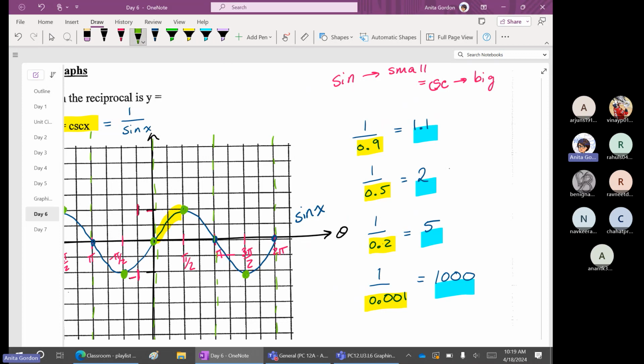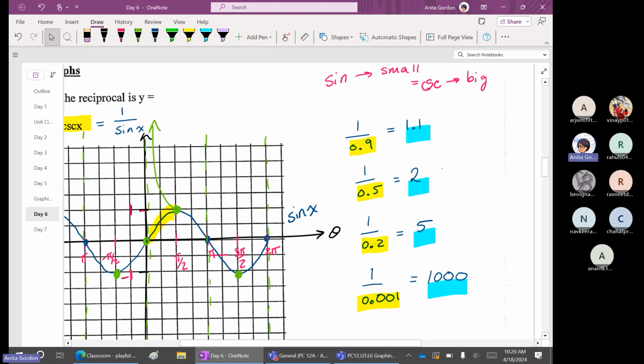So they both start at positive 1, but they're going in opposite directions. Sine gets close to 0 and touches it, but cosecant cannot touch 0. And so it gets bigger and bigger and gets very close, but not touching. They go in opposite directions. Does that make sense, now that we've tested it out with some numbers? So sine getting smaller, cosecant getting bigger.